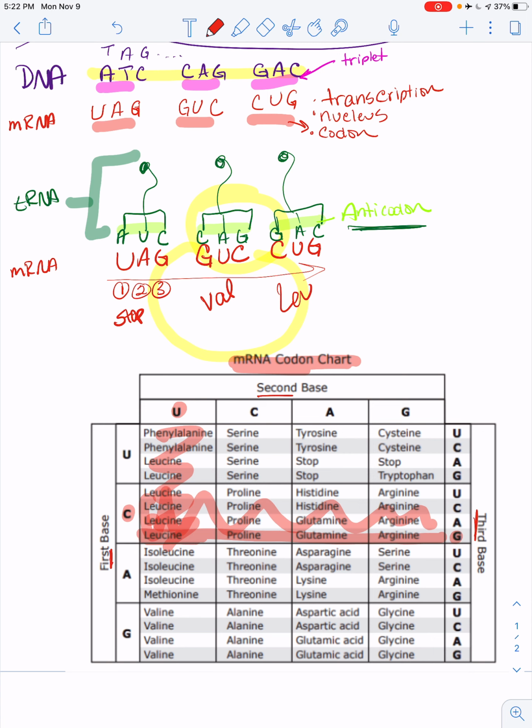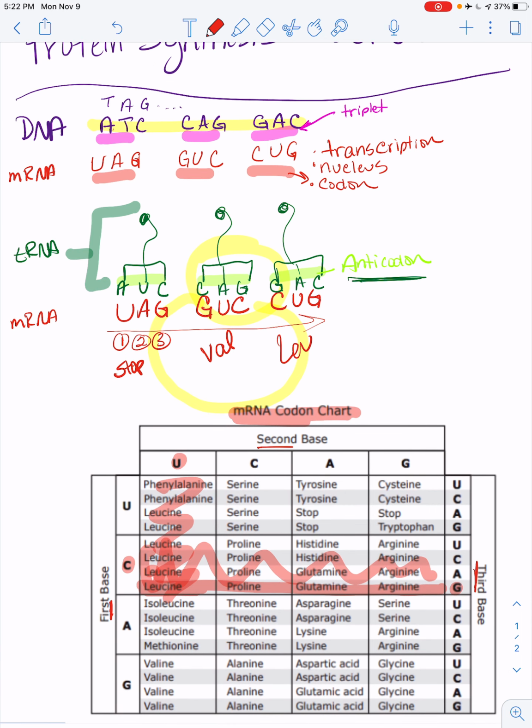So here we have our DNA, which is our triplets, and from there, in transcription, we're going to make a strand of mRNA from that strand of DNA. And those groupings of three are called codons. That happens in the nucleus. That strand of mRNA leaves the nucleus, finds the ribosome, and what happens next is called translation. And that's going to happen at a ribosome.